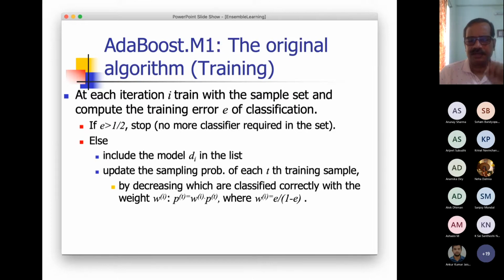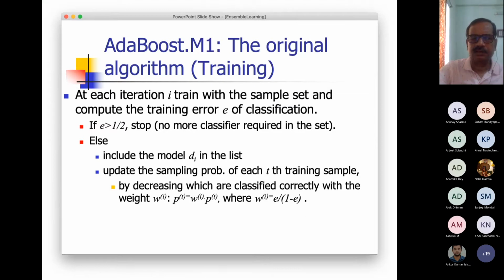So yes, we are giving more weight to the easier classifier, but we are giving less probability to the easier sample for classification.